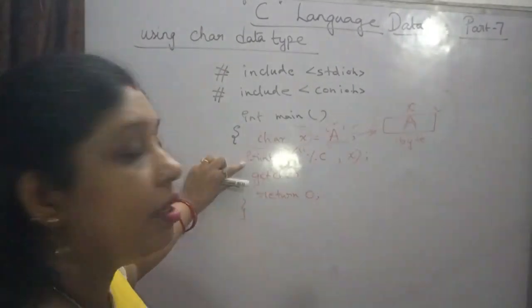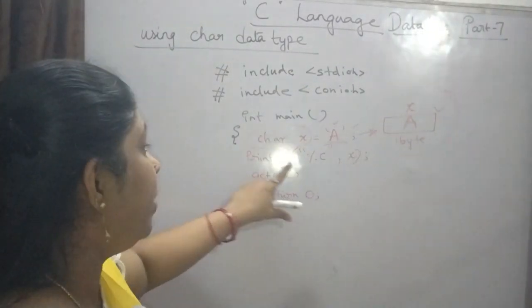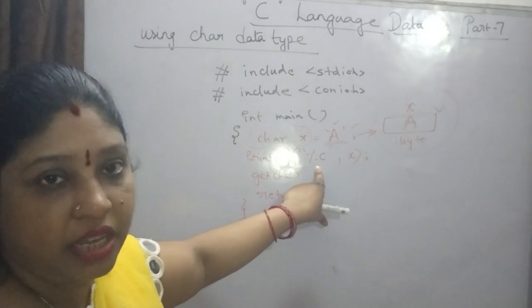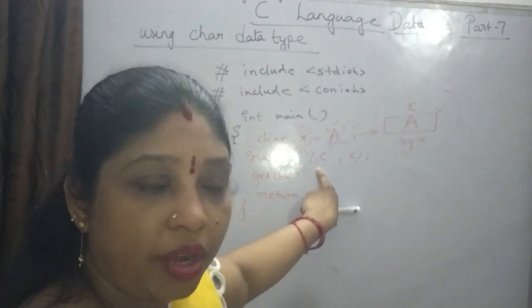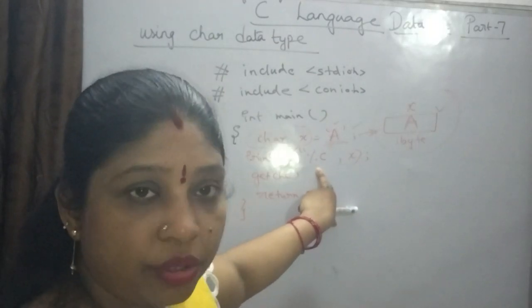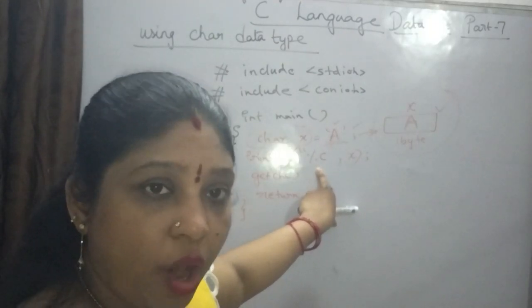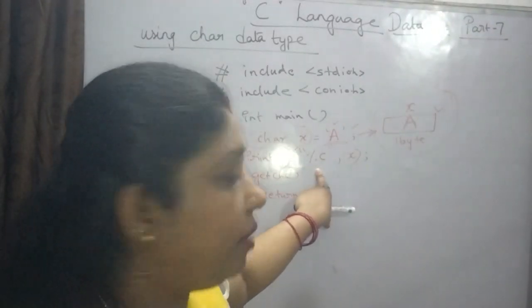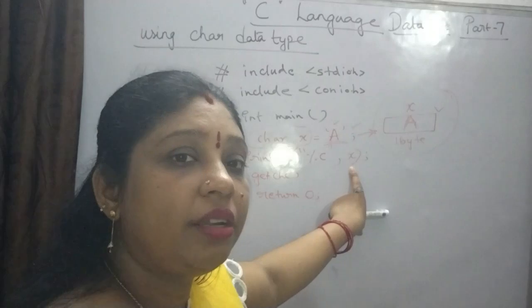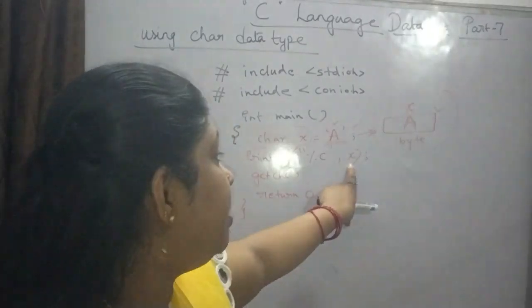Next comes the printf statement. When it sees %c, that means it has to give the character only. It has to display the character on the screen as the output. Why? Because the format specifier is %c. Next, where is that value stored? That value is stored in x.